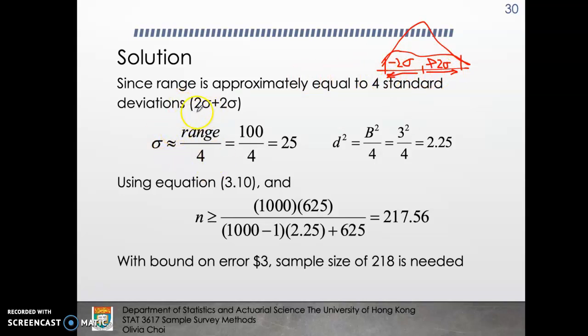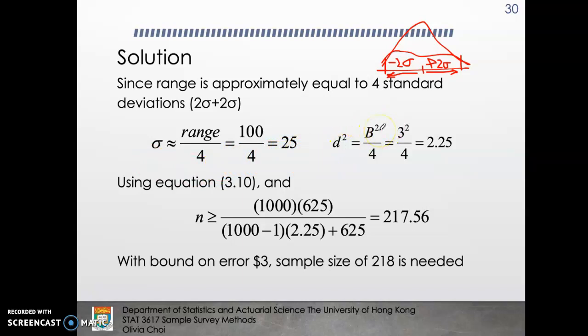So the range is 2 sigma plus 2 sigma, which is 4 sigma. Then we divide: the range of 100 divided by 4, so sigma is estimated to be 25.